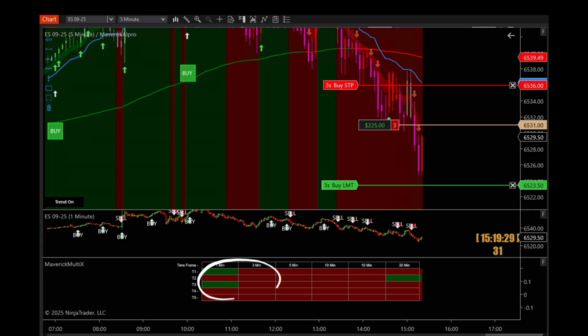You'll start getting green from left to right, because your 1 minute chart will turn first, then your 3 minute, then your 5, and so on and so forth. All right, so the Maverick Multi-X has not told me that this is a reversal yet. Maverick AI Pro has still red, and totally normal for this to consolidate.